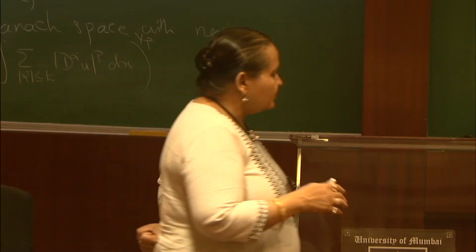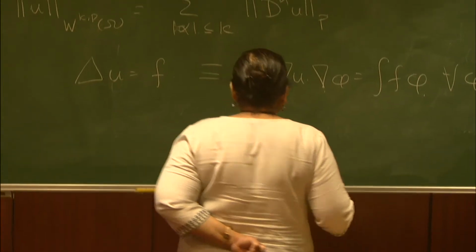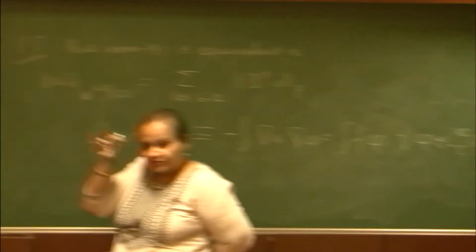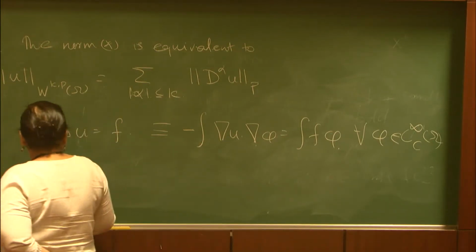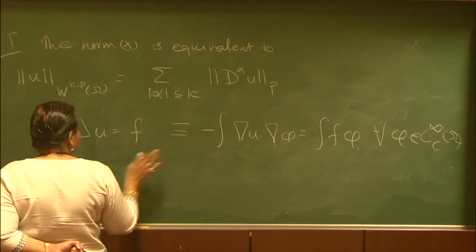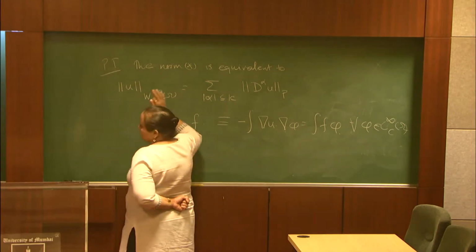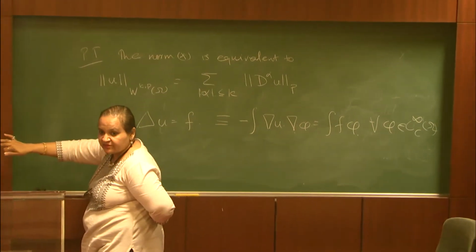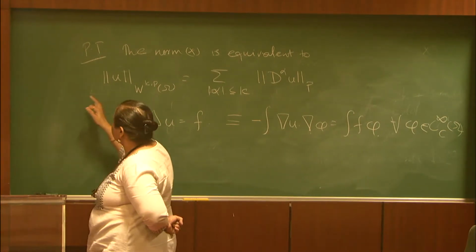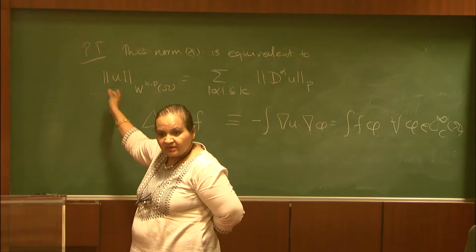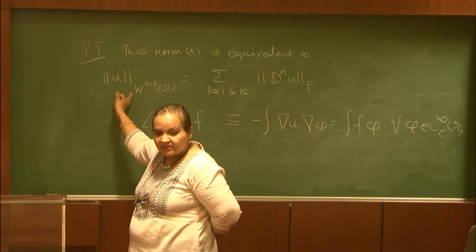For that, what we can do is the following, or at least try to approach our goal. This is a Banach space which we have defined. We know that C infinity functions with compact support are going to be in this particular Banach space.